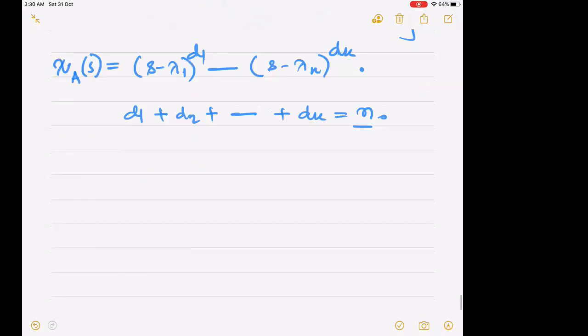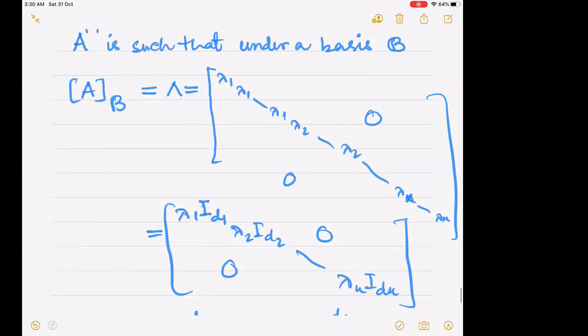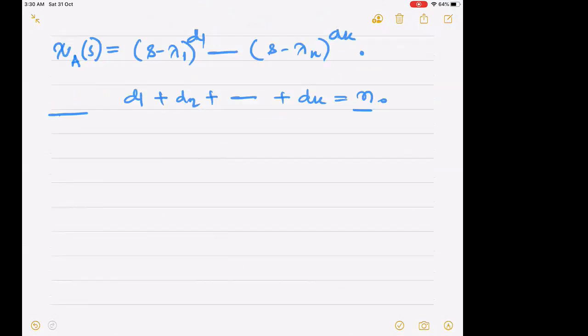And further, notice the following: if I look at lambda i I minus A, look at this operator and its representation, it is going to be lambda i times the identity of size n minus this lambda matrix.